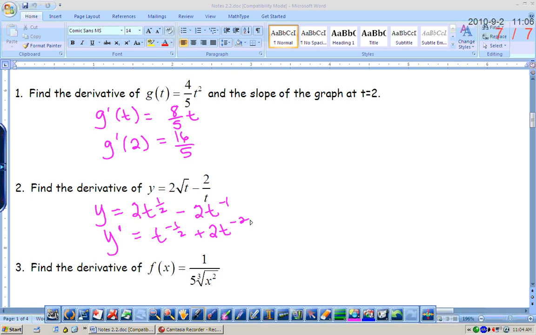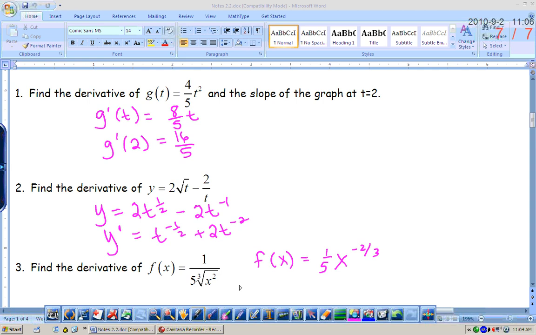All right, what do you think I need to do with number 3 first? Yeah, put the variable on the top, I'm assuming is what it means. So how would I write this? Okay, I'm good with x to the negative 2/3. It's 1/5 x to the negative 2/3. That 5 is down there on the bottom.